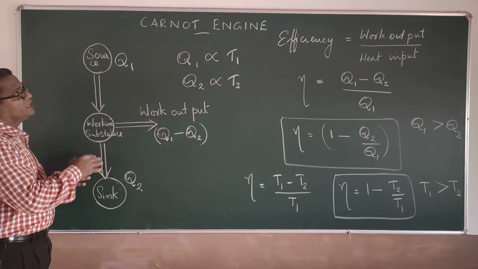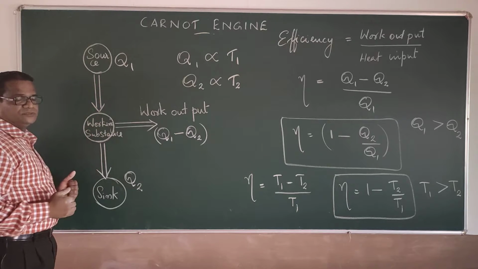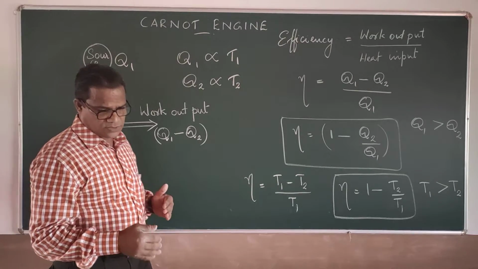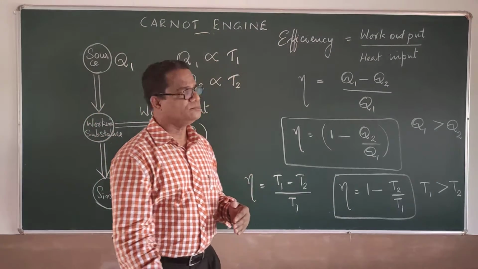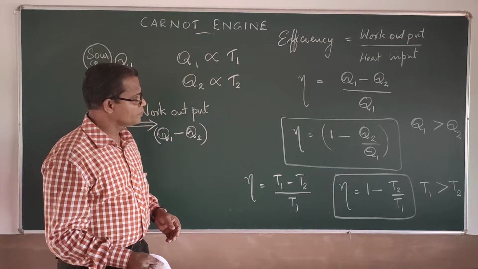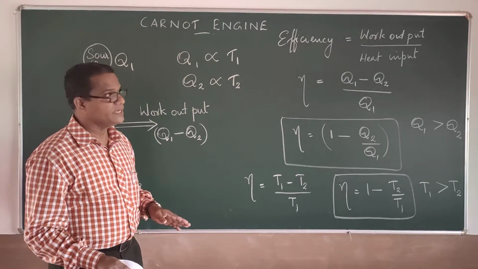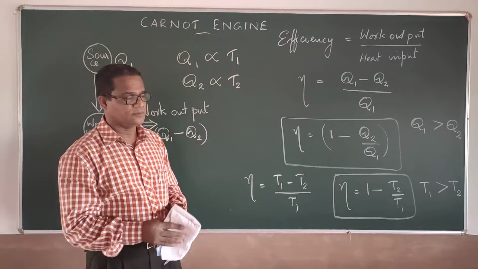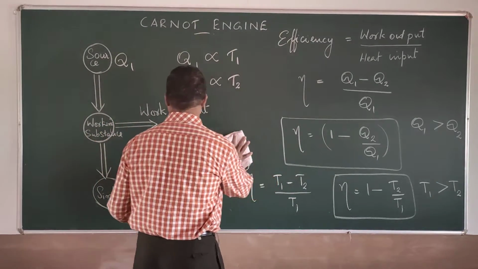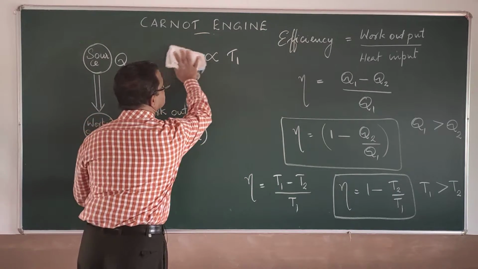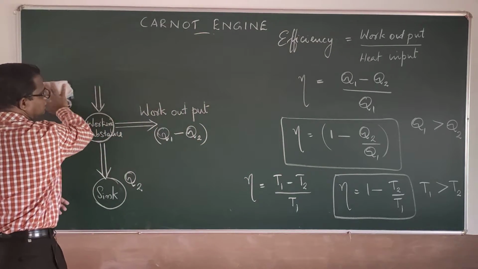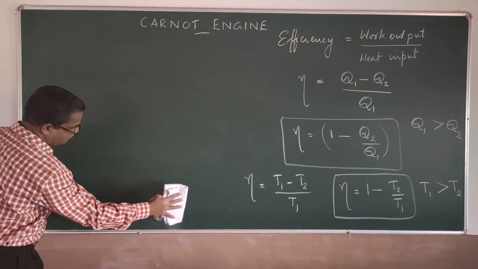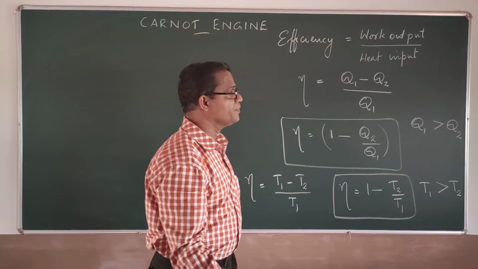The Carnot engine works on a cyclic process, shown by the indicator diagram, and that cycle is called the Carnot cycle. The Carnot cycle involves four stages.